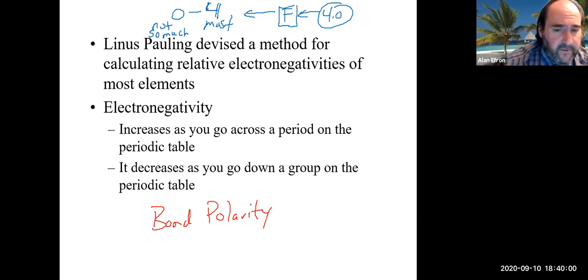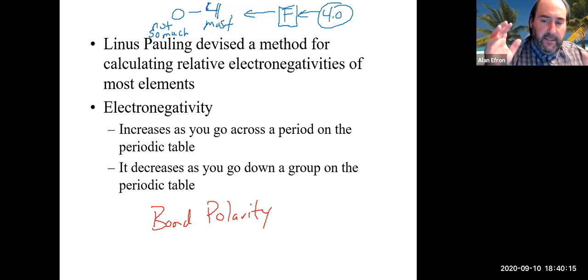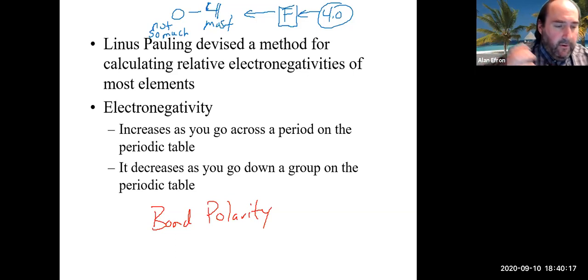And it shouldn't be confused with what we're going to talk about in the next chapter, which is referred to as molecular polarity. Molecular polarity is when we talk about the entire molecule as a whole, with every single bond that's present: is that molecule polar or nonpolar?